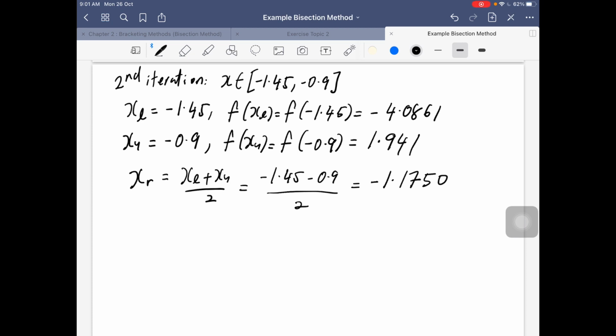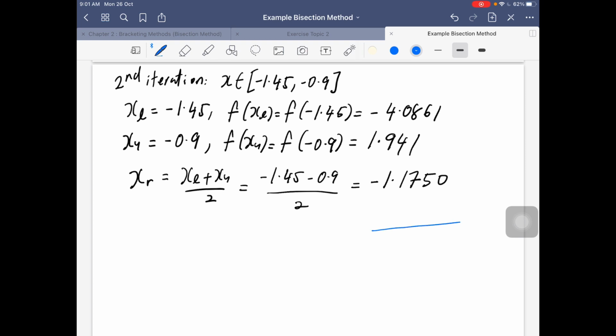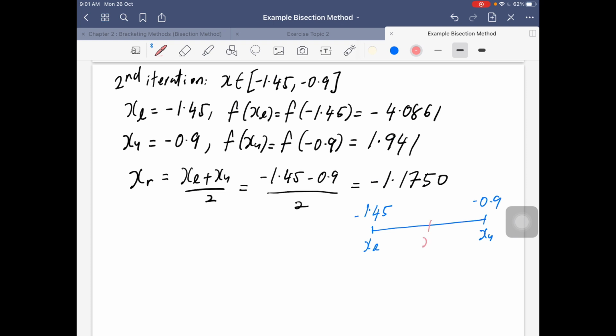Again, remember we have our XL negative 1.45, and this is our XU negative 0.9. Now we have the new value for our XR, negative 1.1750.